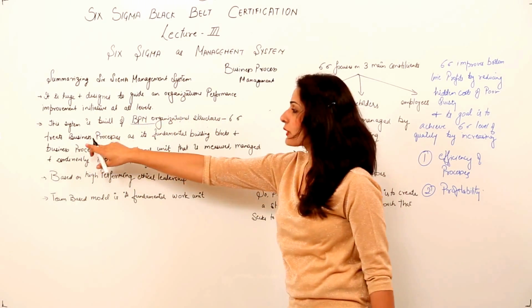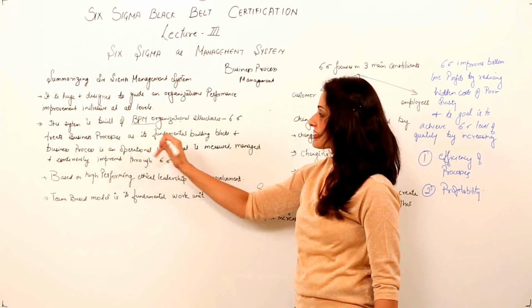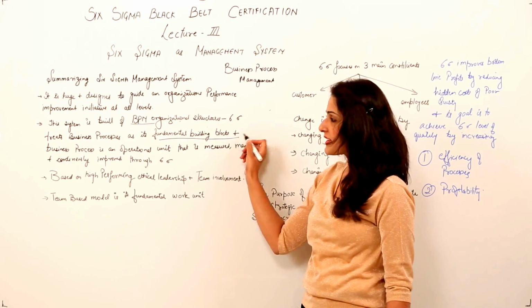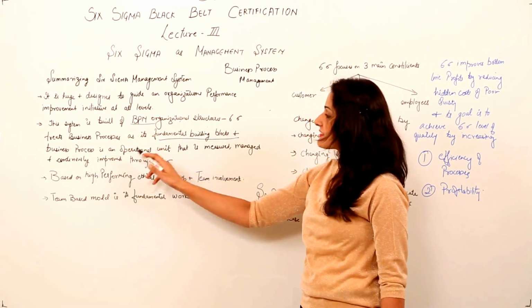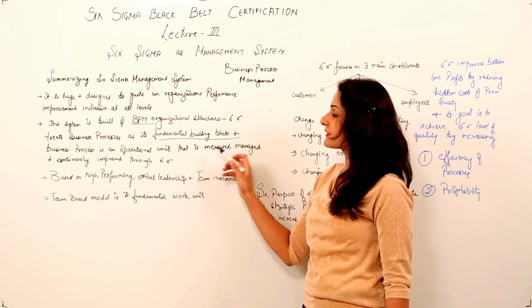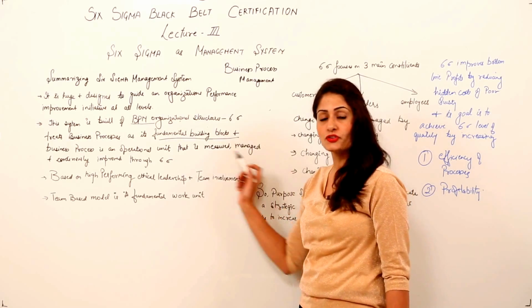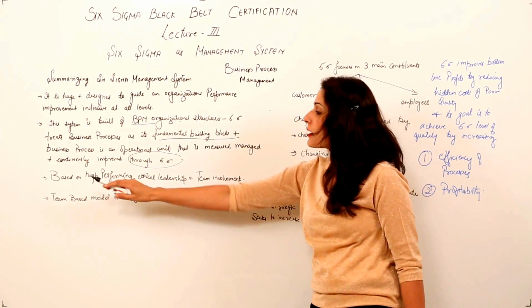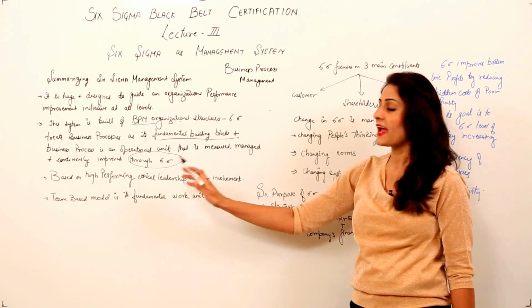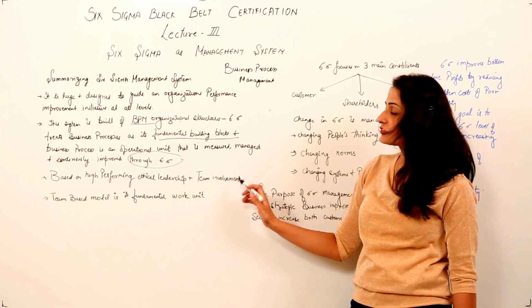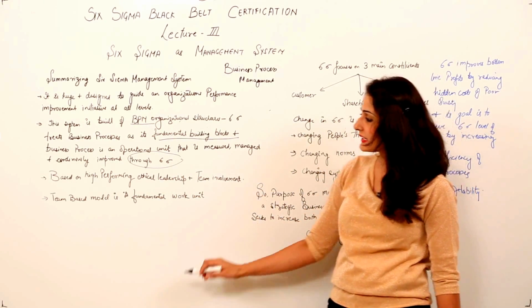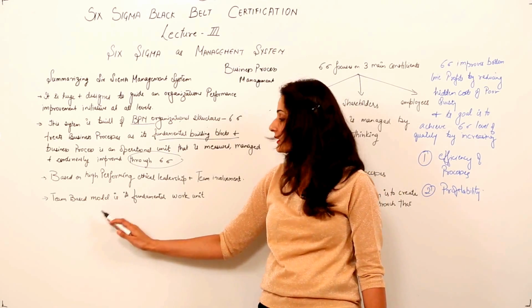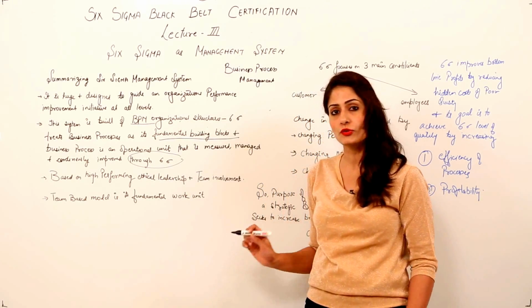Six Sigma treats business processes as its fundamental building blocks, and a business process is an operational unit that is measured, managed, and continuously improved using Six Sigma. Based on high performing ethical leadership and team involvement, and finally, a team based model is its fundamental work unit.